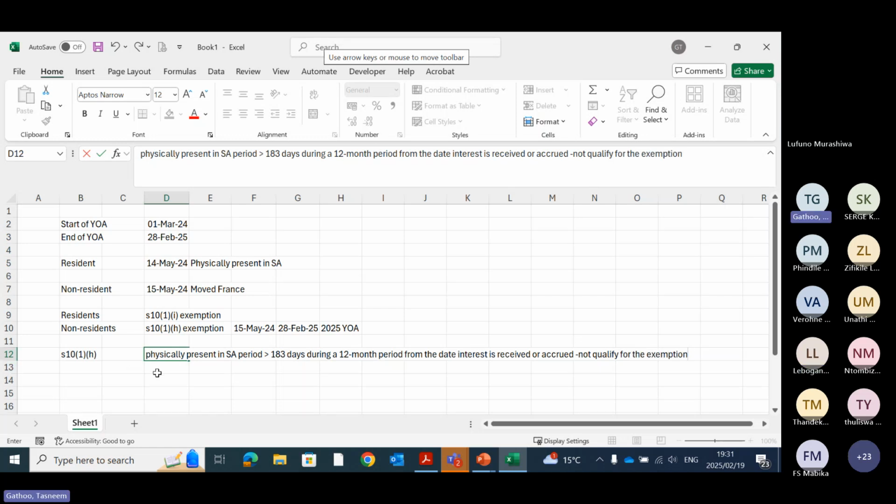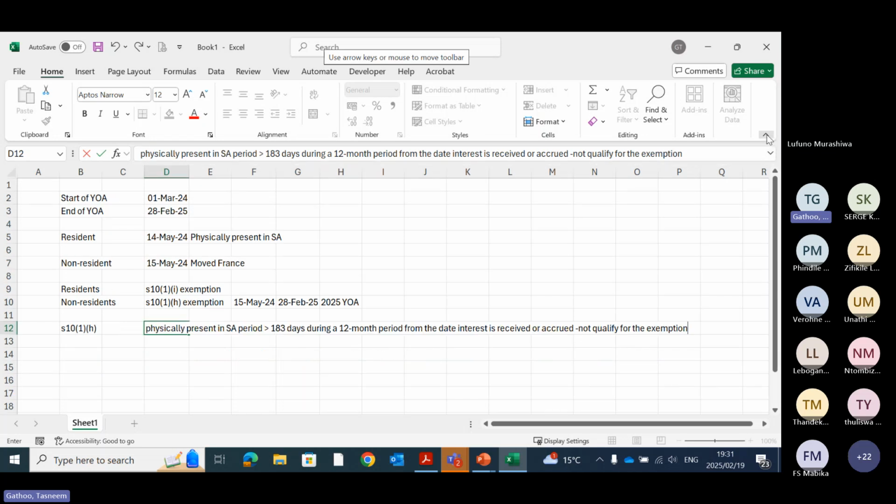So if you were physically present in South Africa for a period exceeding 183 days during the 12-month period to the date the interest is received or accrued, you won't qualify for the Section 10.1H exemption. So we now need to look at the days calculation.